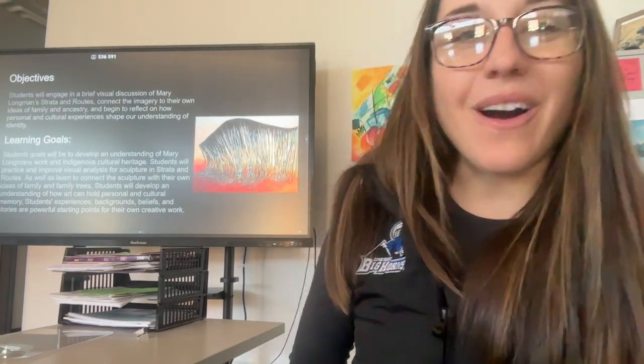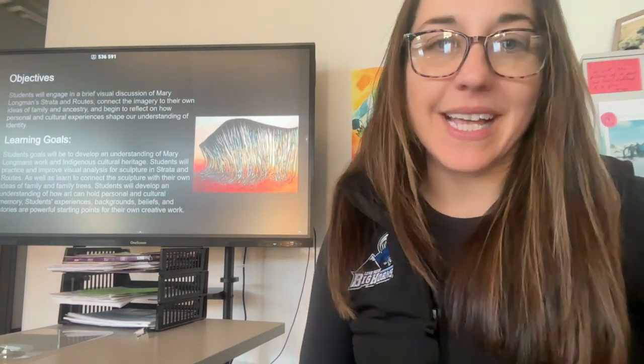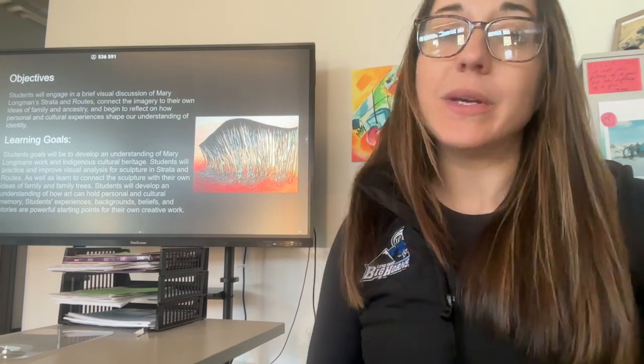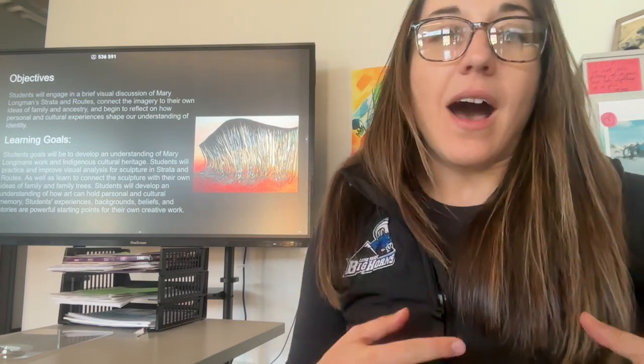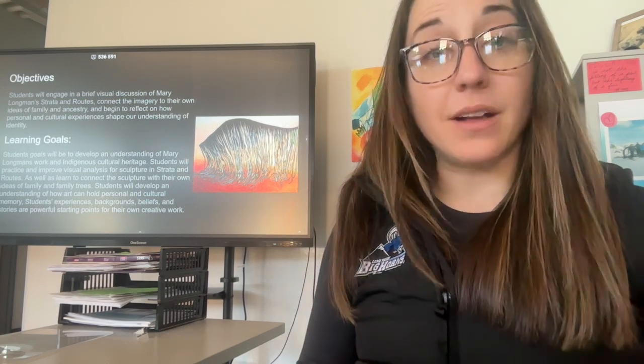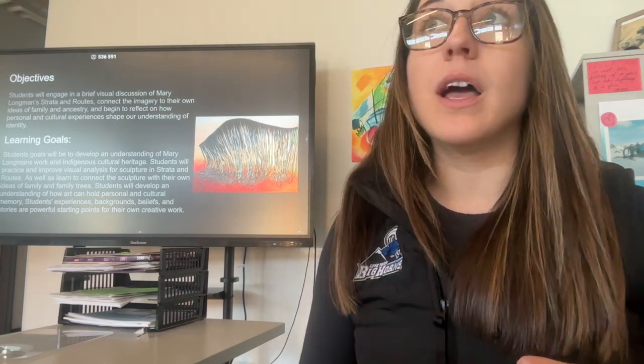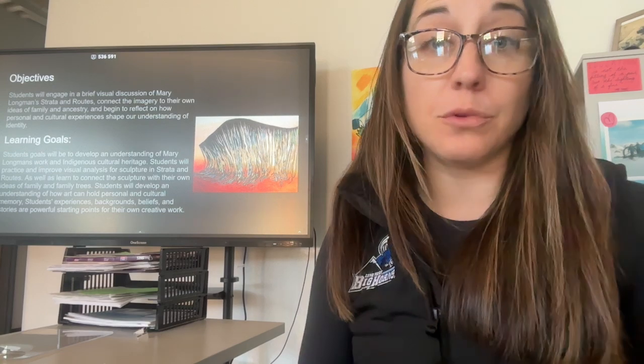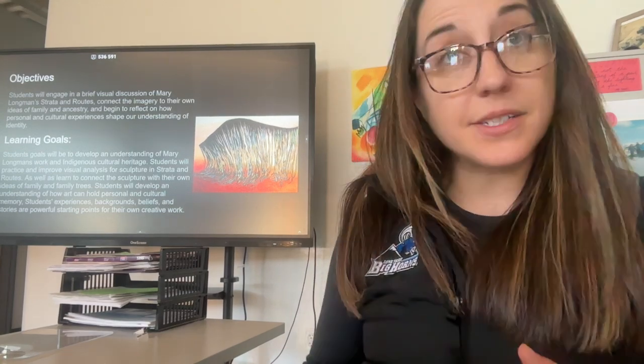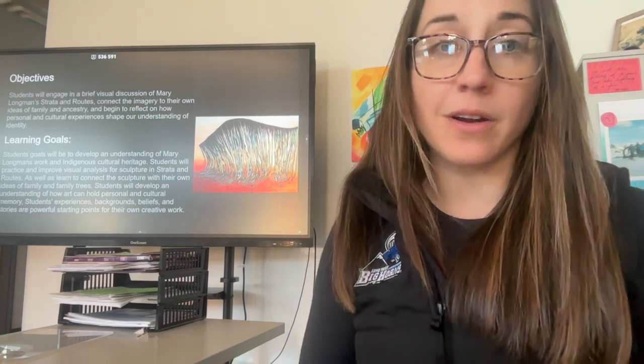Perfect. So our objective for this lesson is we are starting to engage in a brief visual discussion. We're accessing our prior knowledge to start to explore Mary Longman's work through visual analysis, which we've practiced throughout our semester together in art.